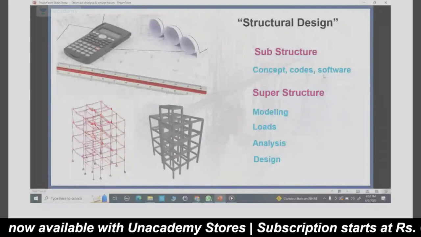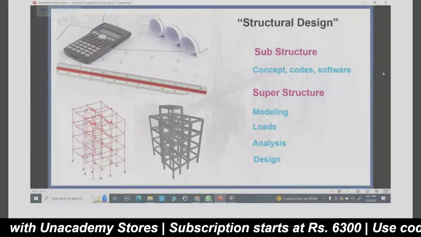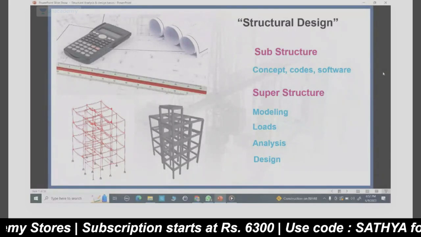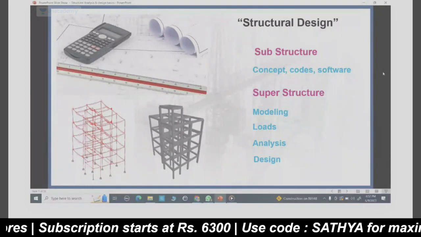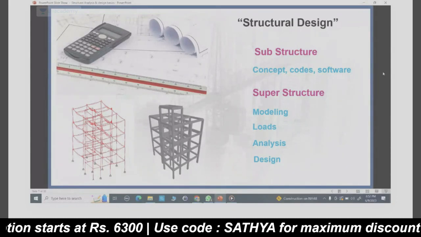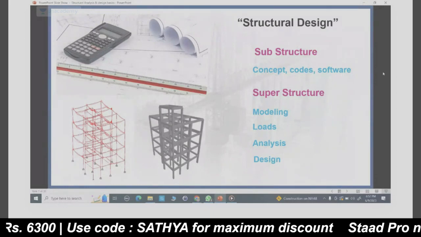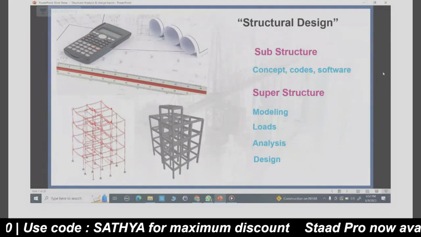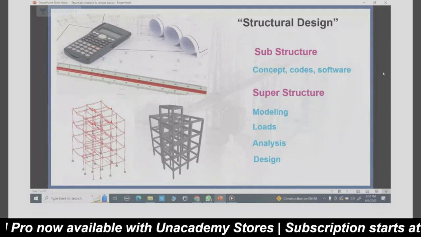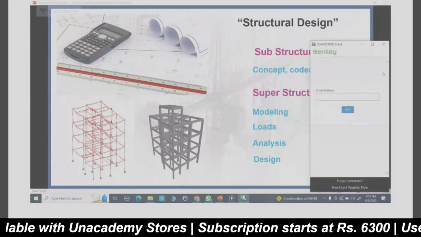And then next, coming to codes. As you know, we are following Indian standard codes. We have so many codes. We need to follow IS 456:2000, and IS 875 Part 1 is for dead loads. IS 875 Part 2 is for live loads, IS 875 Part 3 is for wind load, and then IS 1893:2016 is for earthquake resistant structures.